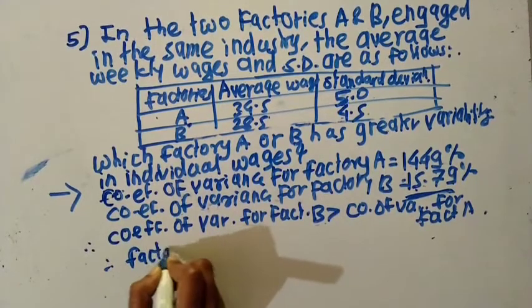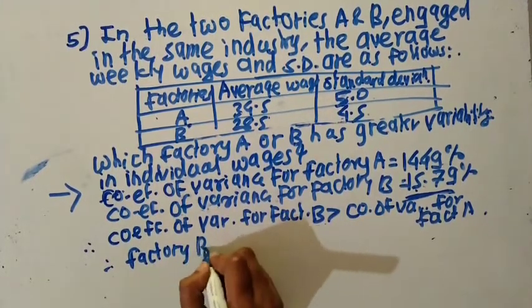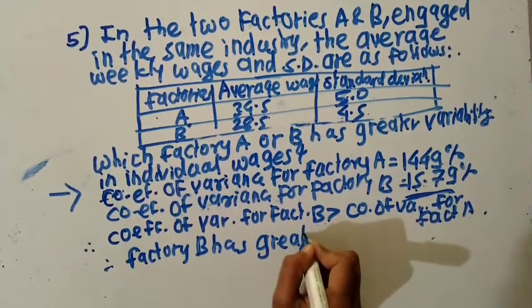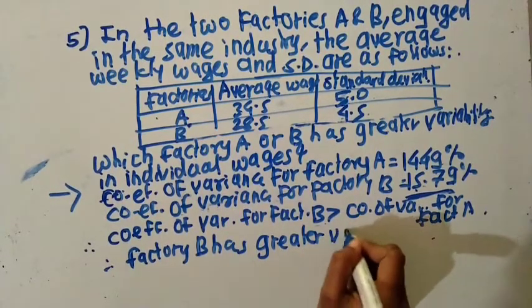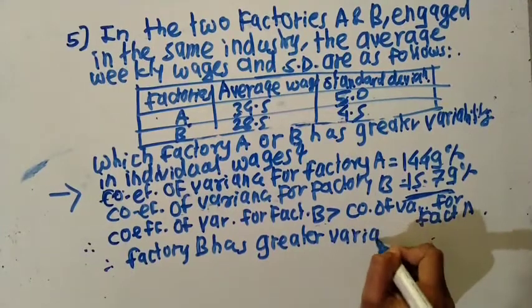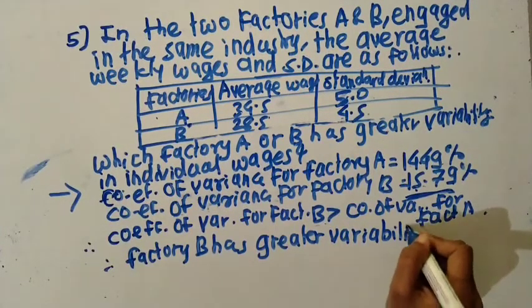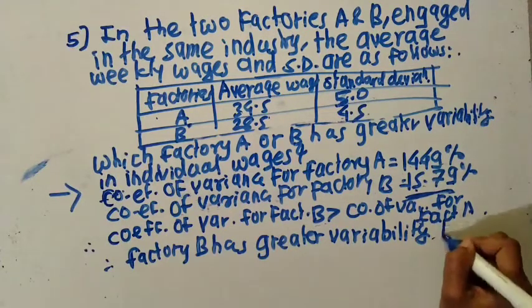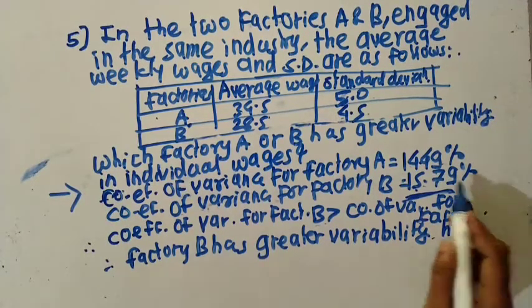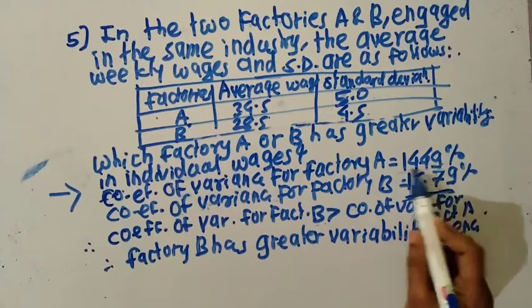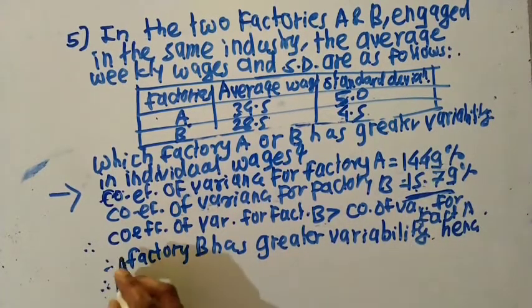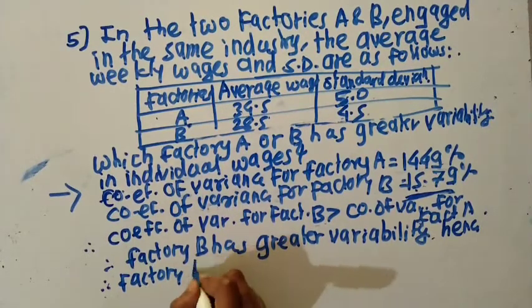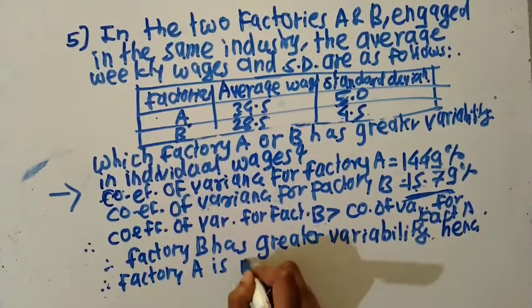Hence factory B has greater variability. But which is more consistent? Factory A is more consistent.